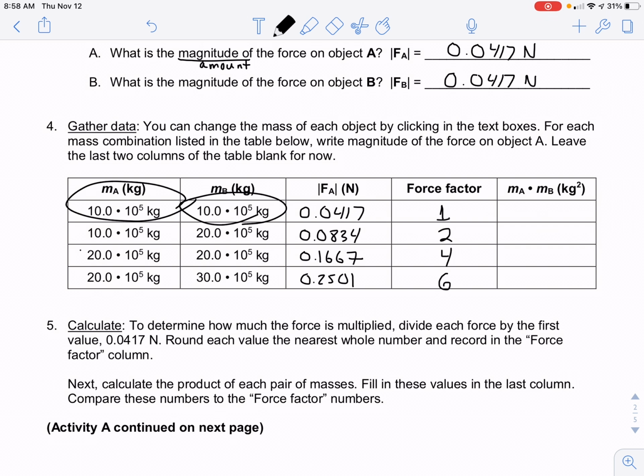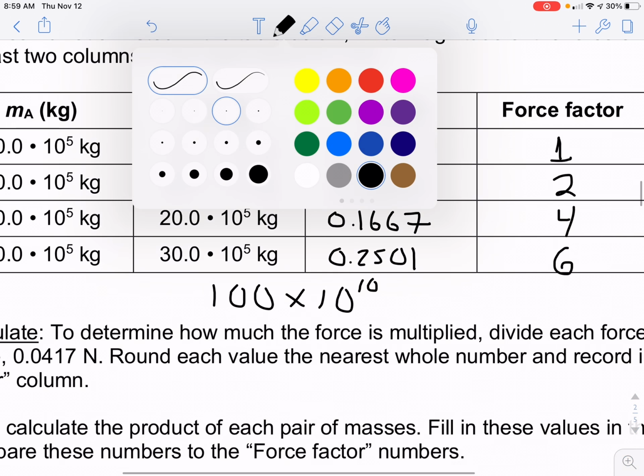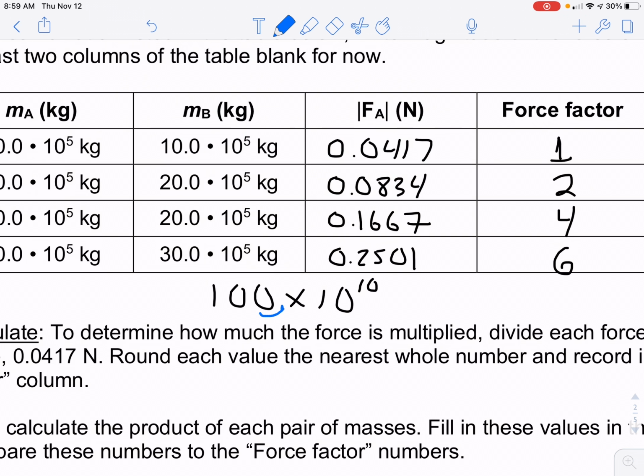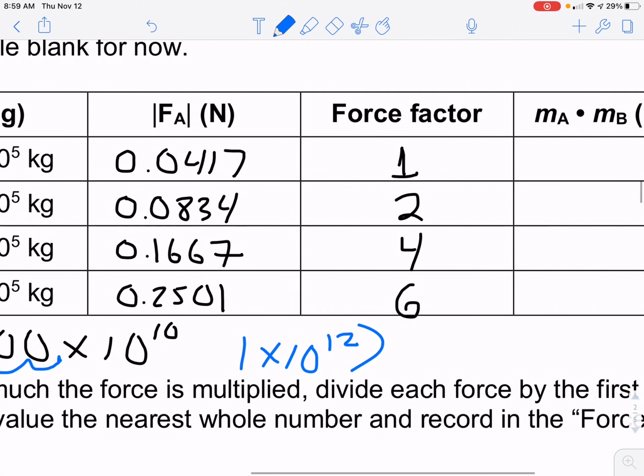Okay, I'm going to do the work down here, and then I'll simplify it up here. 100 times 10 to the... Now, some of you may not have learned your rules for exponents, but if I take 10 to the 5 times 10 to the 5, well, then I add the exponents. 5 plus 5 is 10. So 10 to the 5 times 10 to the 5 is actually 10 to the 10. And if I rewrite this with the decimal in the appropriate spot, then this is 1 times 10 to the 12. This is what we're going to write here.